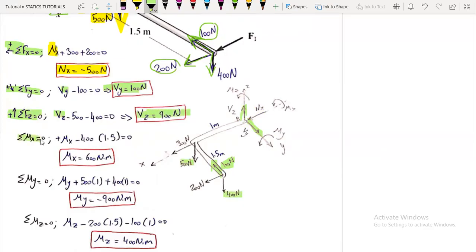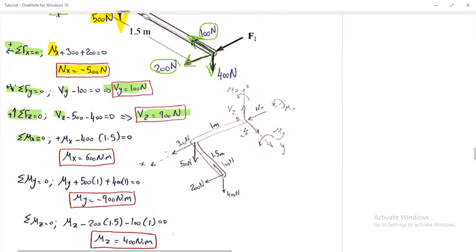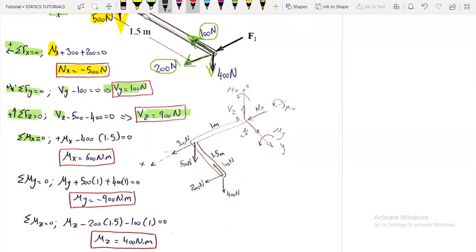Now, the summation of moments about the x-axis. Here we should be careful. We need just a little bit of imagination. First of all, we have positive Mx. Any force that passes through the x-axis or is parallel to the x-axis will not be included.